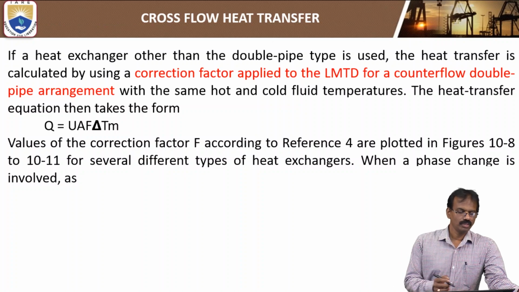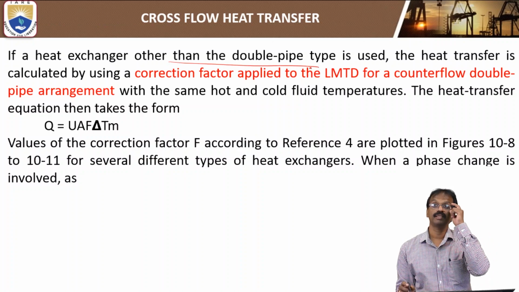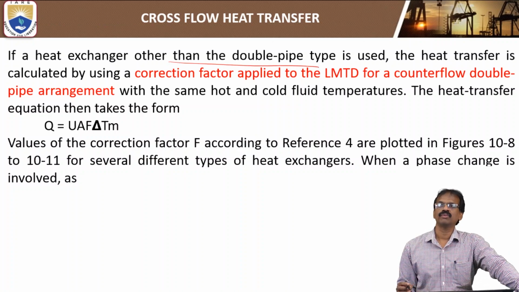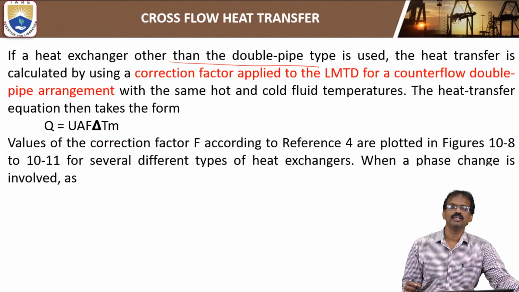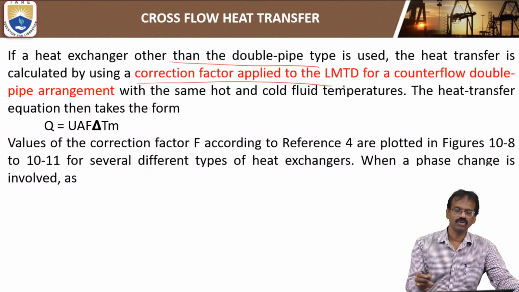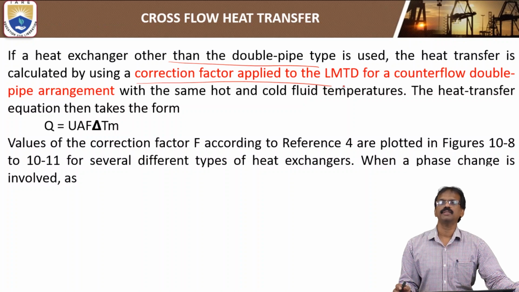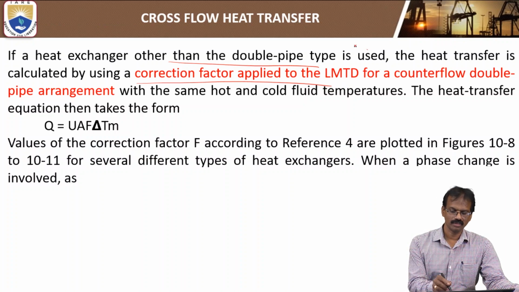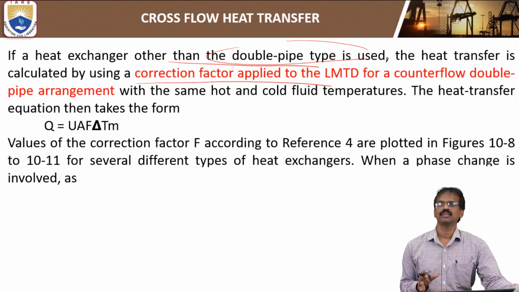Okay. So, if a heat exchanger other than the double pipe type is used, the heat transfer is calculated by using the correction factor. So, this is very important. Other than the double pipe heat exchanger means we will use the shell and tube type heat exchangers.